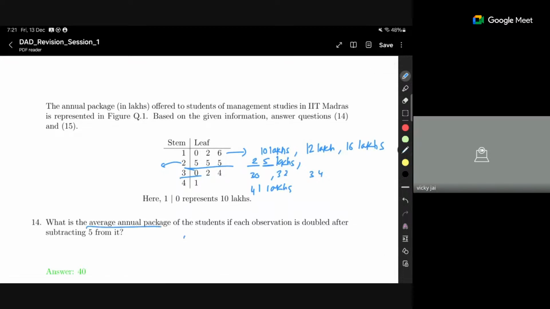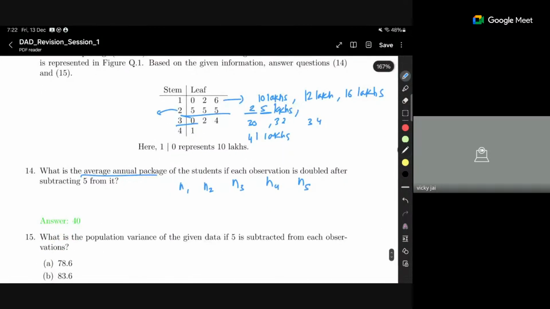So we know from the property of the mean, if you add a constant to all the values. Let's say we have x1, x2, x3, x4, x5.